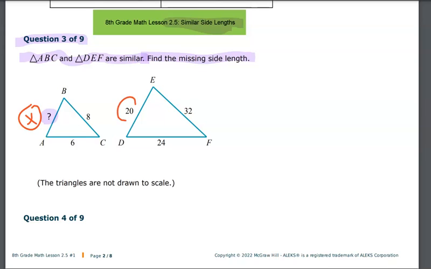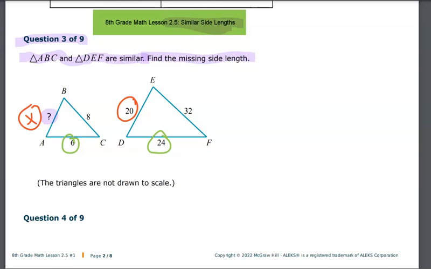So the side x is the same side as 20. Then I'm going to find a different side length, and it doesn't matter which side. So I'm going to pick 6, and I'm going to look for the similar one, 24.